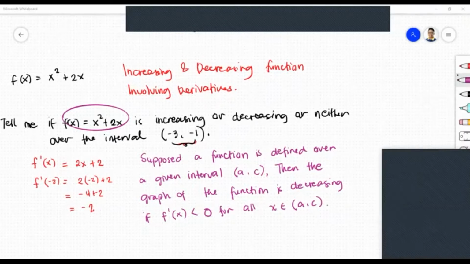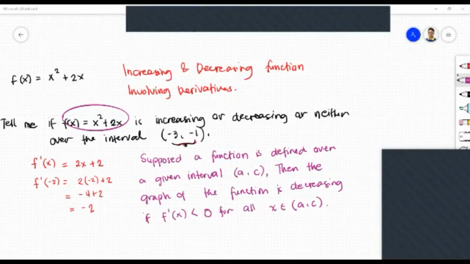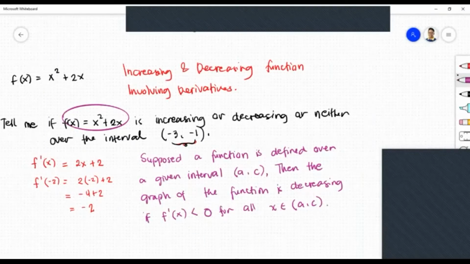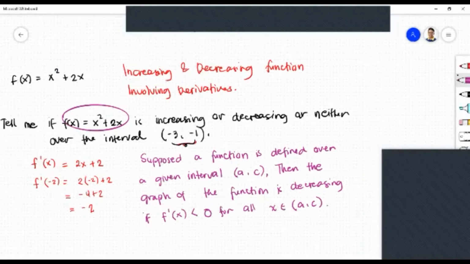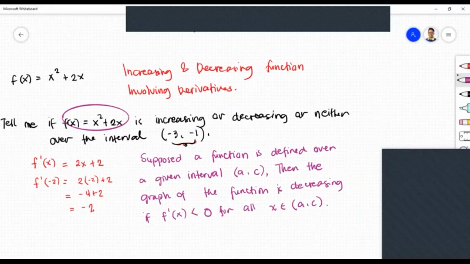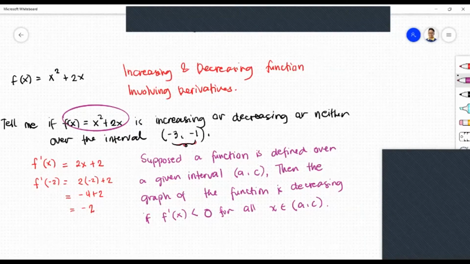All right. So going back to the definition that I was trying to say earlier, guys, suppose you have a function, and then that function is defined over a given interval. So for this example that we have here, the function that we have is x squared plus 2x. It's defined over the interval -3, -1. The definition gives us AC. I use the letter AC to generalize everything. And then, ang function daw niya is decreasing if ang derivative niya nga function sa x nga gipili nato, guys, kaning x guys.